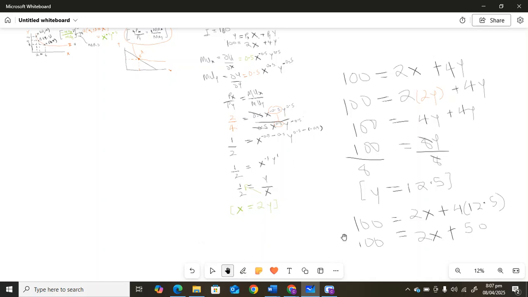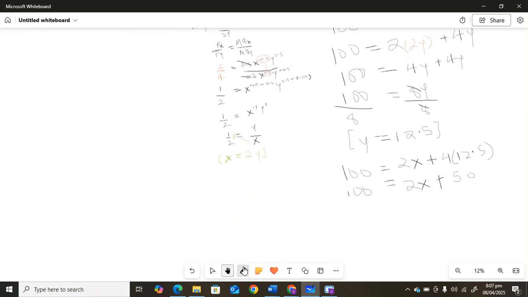So we take 50 over the equal sign: 100 minus 50, that is 50, which gives our 2x.